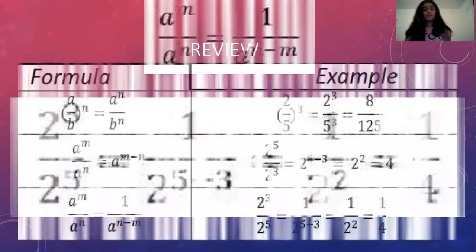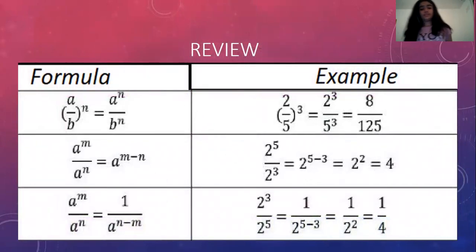So let's do a quick review of division formulas. 2 divided by 5 to the third power can be shown as 2 to the third power divided by 5 to the third power, and this can be shown as 8 divided by 125. But I'd like you to see the second formula, a to the mth power divided by a to the nth power equals a to the m minus nth power.